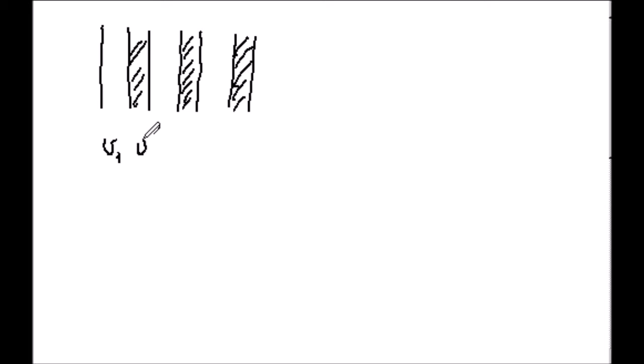they are mixed together in proportions V1 and V2, and the conductivity in the white region is denoted lambda 1, and in the dark area lambda 2. So what do we mean by these two volume fractions V1 and V2?